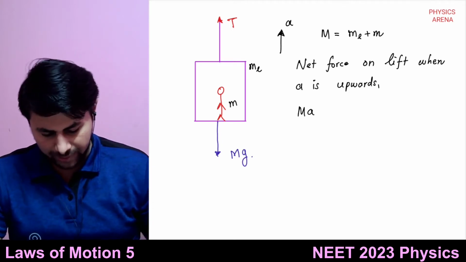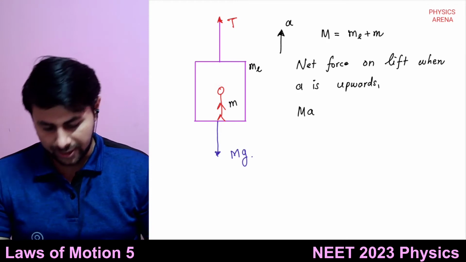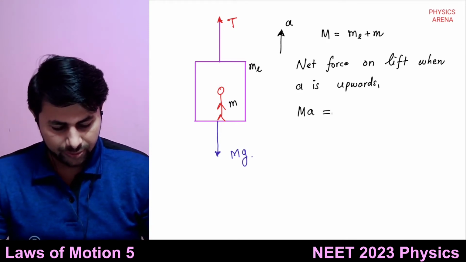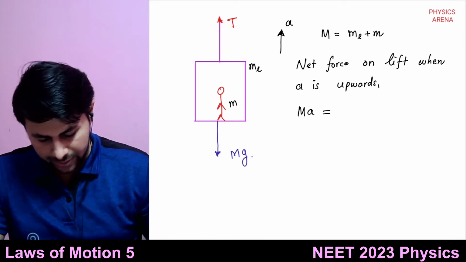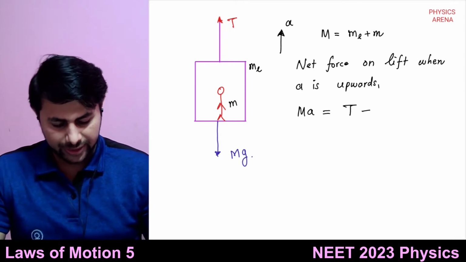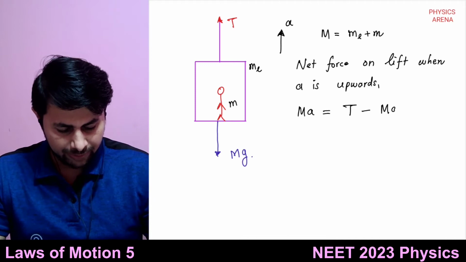The mass of the lift plus the man is capital M, and it is equal to the net upward force, which is tension, minus the net downward force, which is M times g.